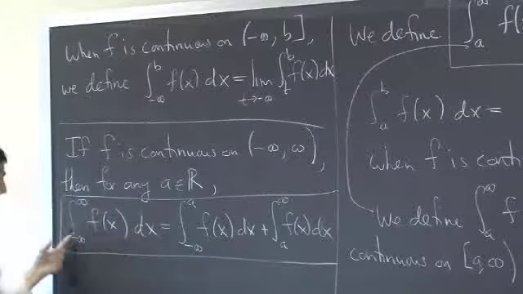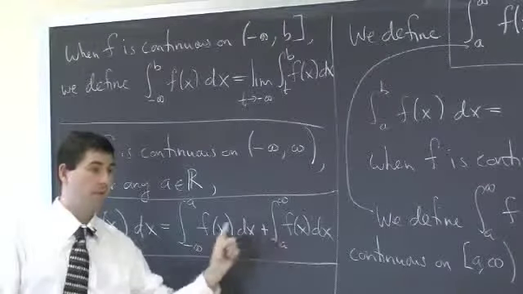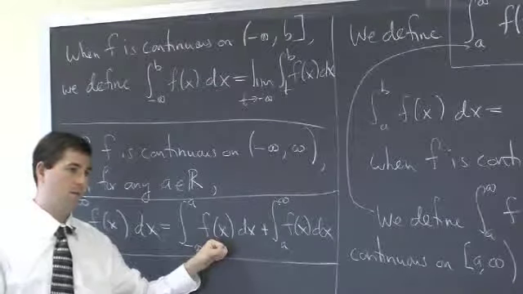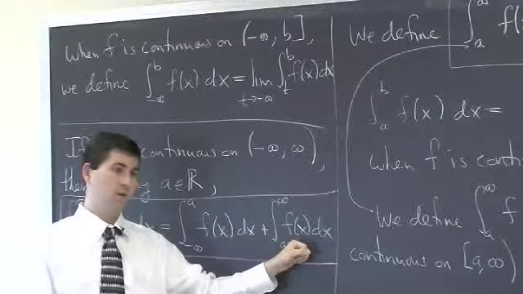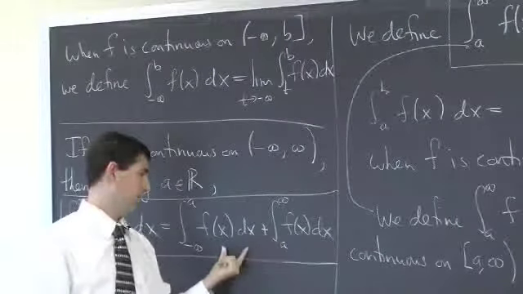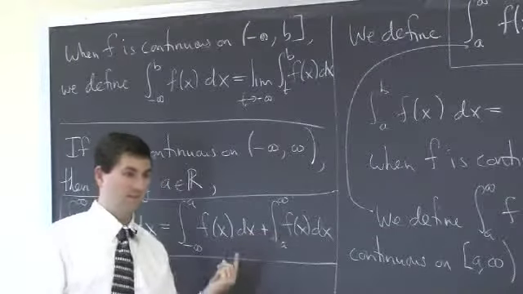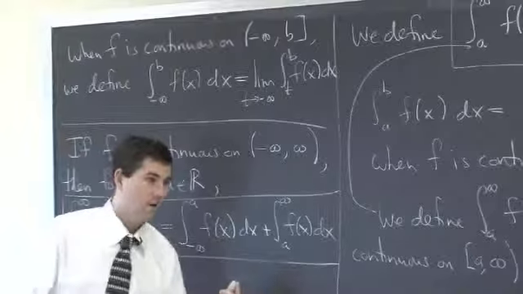And what if you have minus infinity to infinity? Well, then of course you always have to break it up into two of them. And this one might exist, and this one might not. So what do you do then? Well, something which exists is fine, but something which does not, you can't add to it.